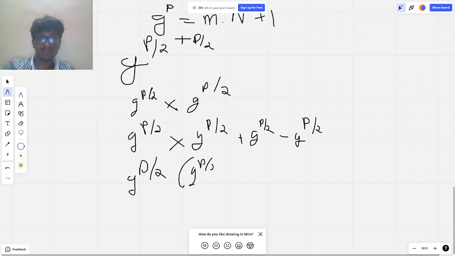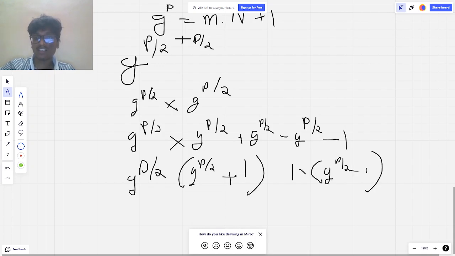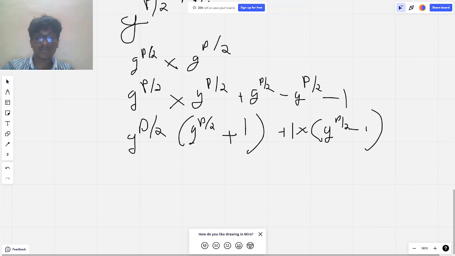Here we will get g to the power p by 2 times g to the power p by 2 plus 1, and the plus 1 in this equation we will take to this side, so there will be minus 1 here, and here we will get g to the power p by 2 minus 1. This is 1 times g to the power p by 2 minus 1. This will also be minus 1, sorry.